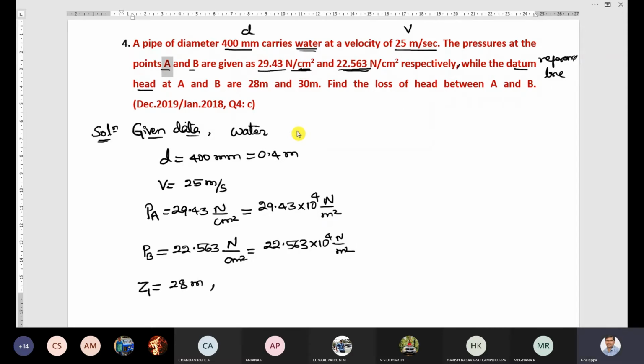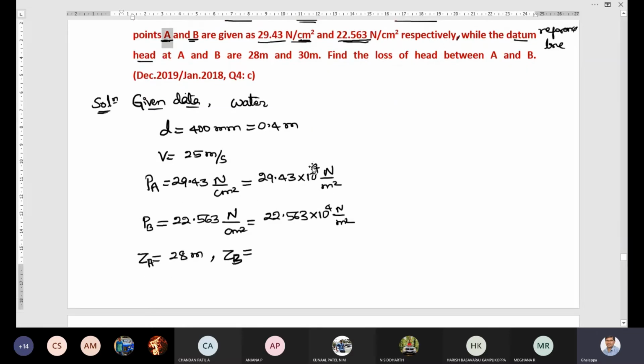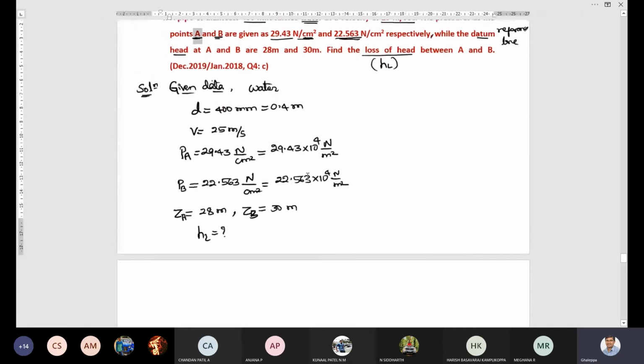I have to take A and B only because he has clearly given A and B, so I cannot take 1 and 2. Here it is 30 meter. What is the unknown here? Find the loss of head, HL, between A and B.